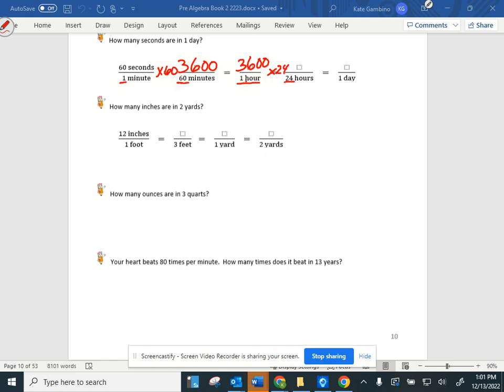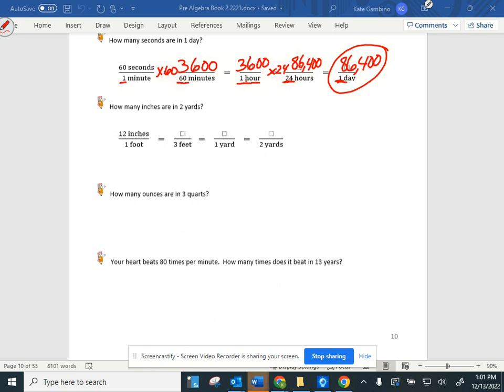What's 3,600 times 24, Evan? 86,400. Now I want to go from 24 hours to 1 day. They equal each other. 24 hours is 1 day. So my top is going to stay the same. 86,400 seconds for 1 day.